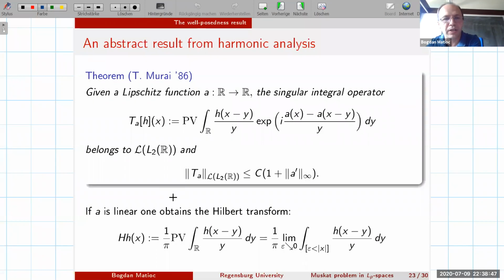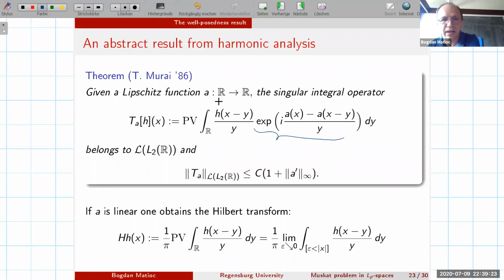For the mapping properties, we use an abstract result from harmonic analysis, which is an L2 result from '86 due to Murray. He considers a Lipschitz function A from R to R, and associated to this function a singular integral operator T_A, which is defined by this kernel. If A were constant or linear, this would be a simple constant, and this would be the Hilbert transform.